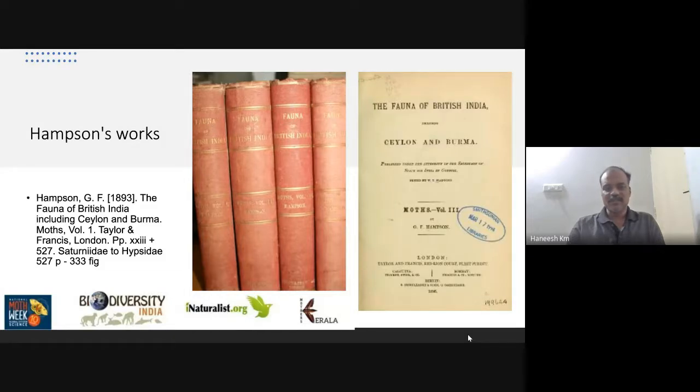He was instrumental in covering the entire biodiversity in the area during the British period: the Fauna of British India, including Ceylon and Burma. If you look at the map of British India, it covers all these areas, not only present India but the nearby areas also.